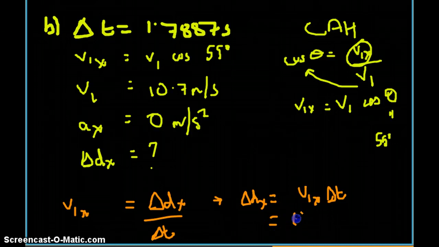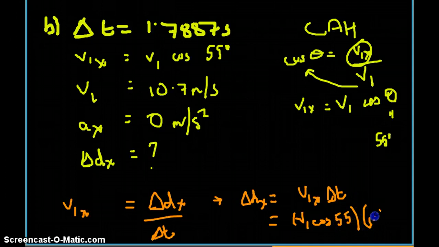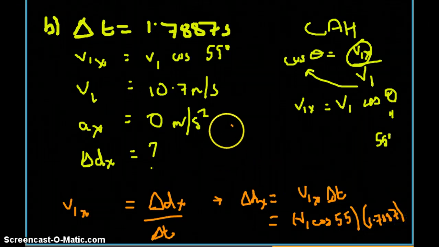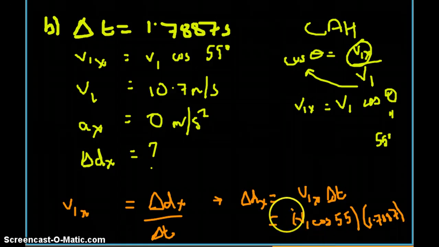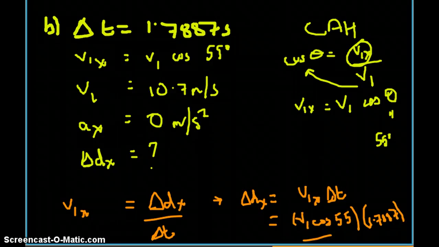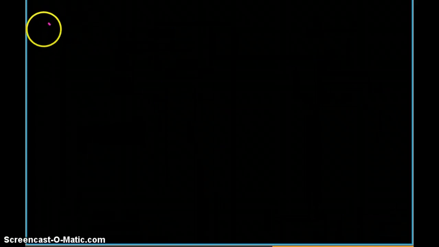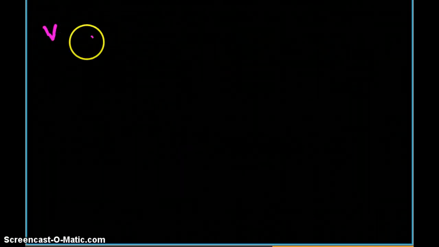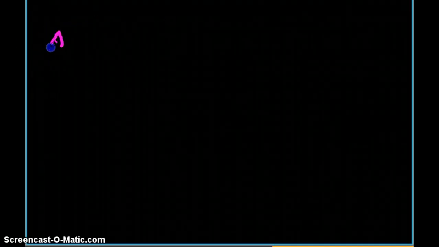So v1 cos 55 times 1.887. I can simplify this part because I know what v1 is.